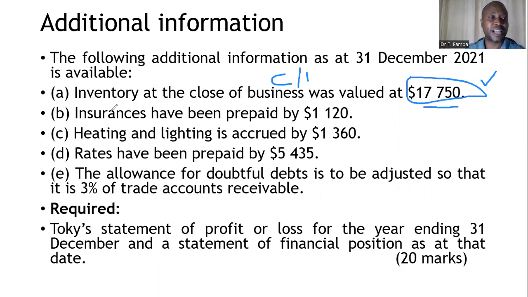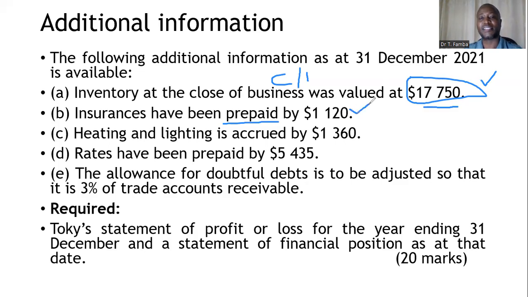Now, let us look at item B, which says insurances have been prepaid. Take note of this word prepaid by this amount. So automatically we know that this amount here is an asset.